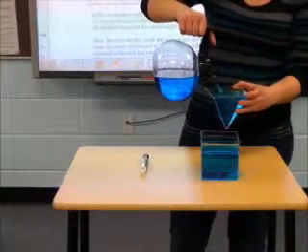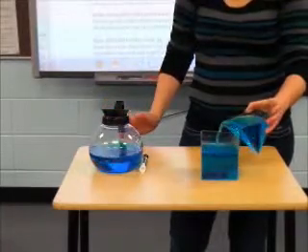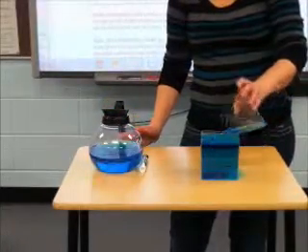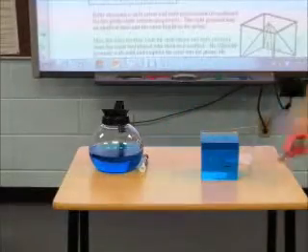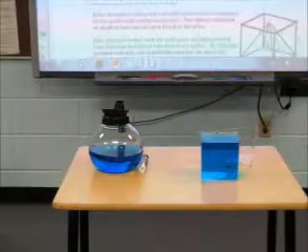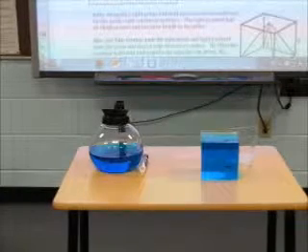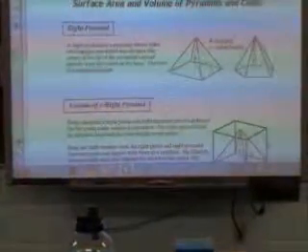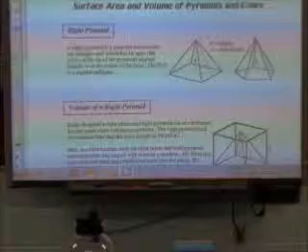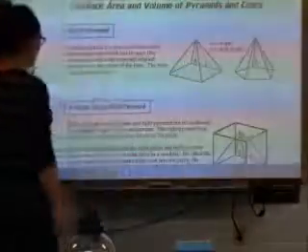If your answer is 3, you were probably right. So what relationship did we discover with this? Well, we discovered that 3 pyramids equals 1 prism, so then 1 pyramid would be equal to 1/3 of the prism.